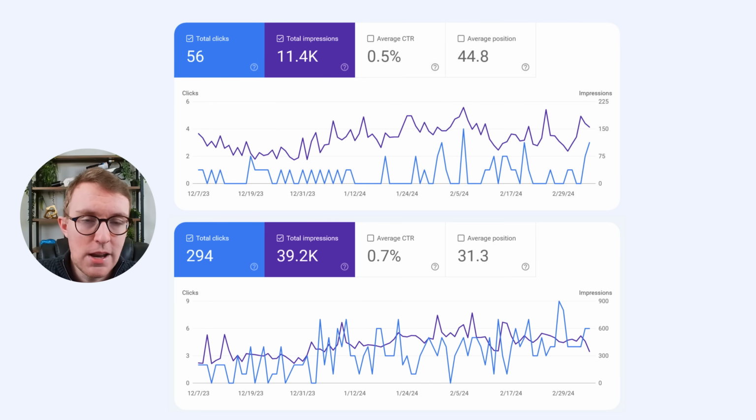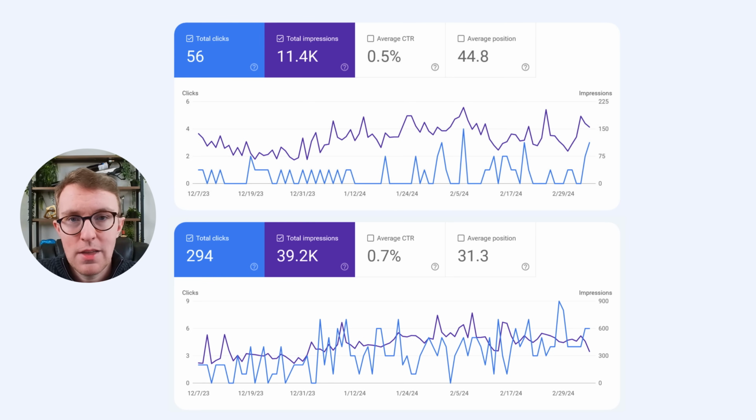You can see that alternating spiky pattern in there, but you can see that the impressions kind of aren't spiking, which actually is probably good in this case, meaning Google's not feeding your content and sort of sending it out en masse, and people aren't rejecting it en masse.